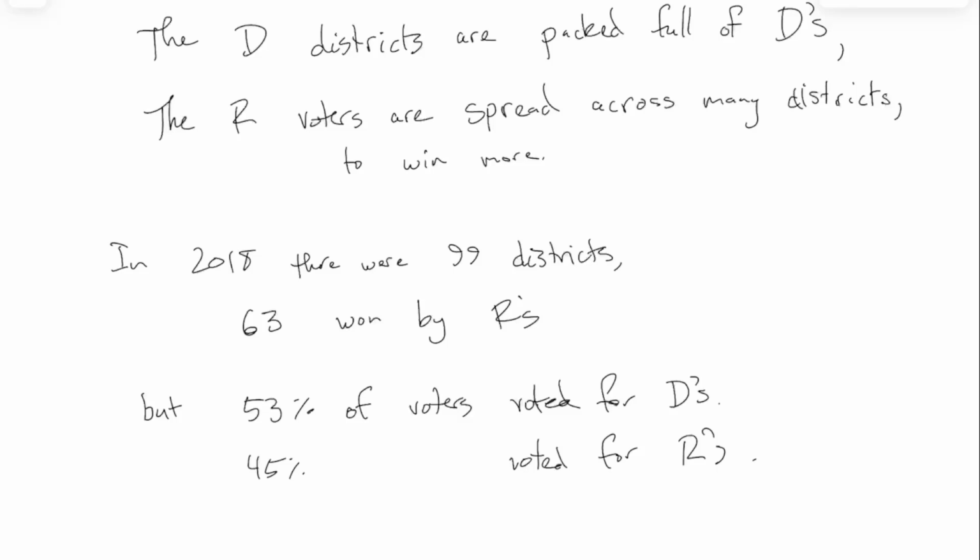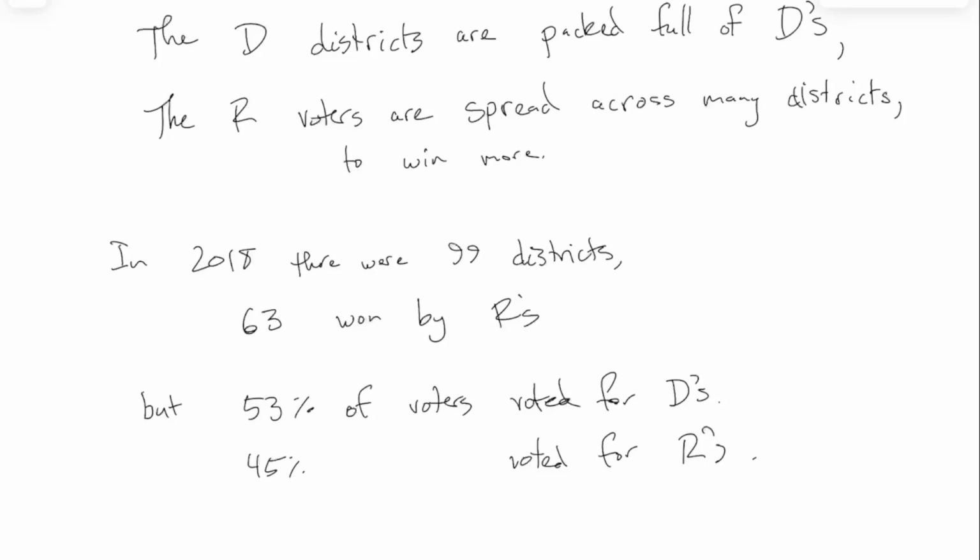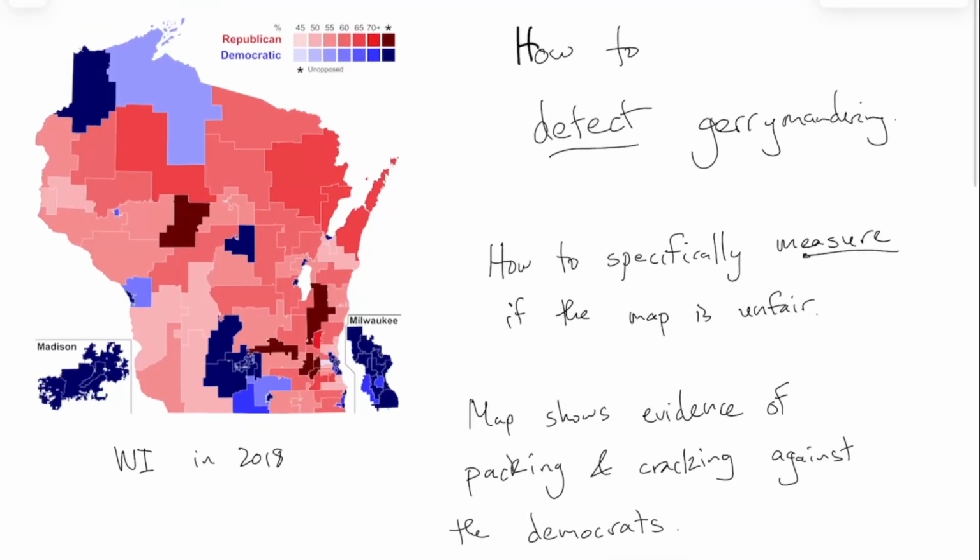But even though they had only 45% of the voters in the state, they won two thirds of the districts. So this is a huge effect. The reason this kind of lopsided result is possible is just because of the way the map was drawn. All right.